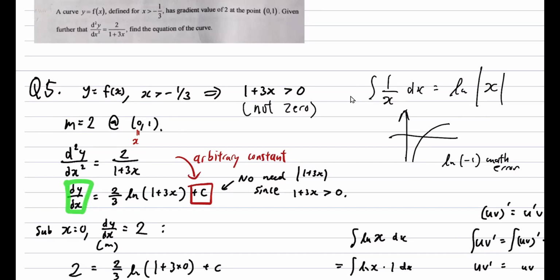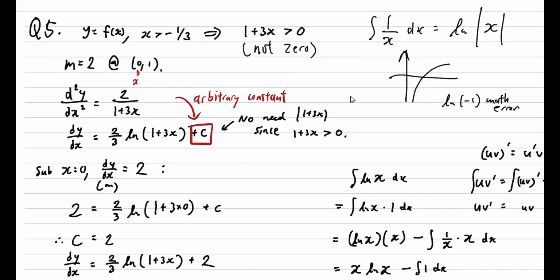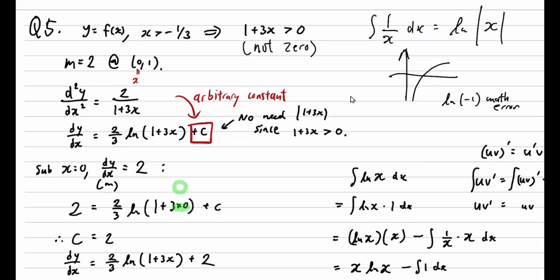So we can just substitute x equal to 0 and dy by dx equals 2. Substituting, we get 2 equals 2/3 ln of 1 plus 3 times 0, plus c. Then let's simplify a bit more. 3 times 0 is 0, 1 plus 0 is 1, ln of 1 is 0. So 2 over 3 times 0 is 0. So therefore we get 2 equals 0 plus c, which is just c equals 2.